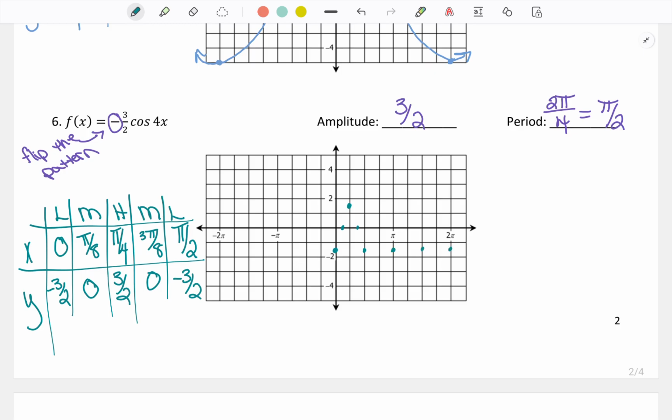If you want to kind of look at a way to fill this out a little bit differently, at every high block, well, those are 2 apart too. So then we will just join these together.